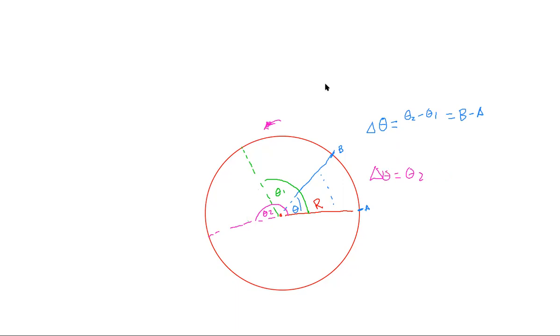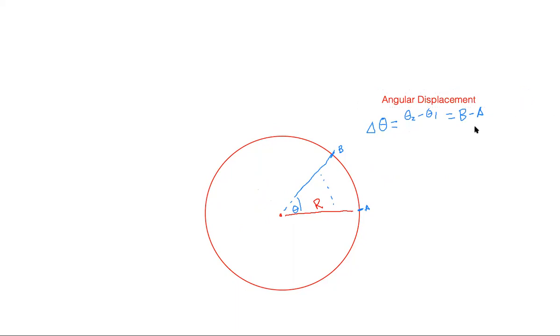Okay, now we're going to move on and talk about angular velocity. So sometimes it's not enough to just worry about angular displacement, and this is very much my angular displacement.